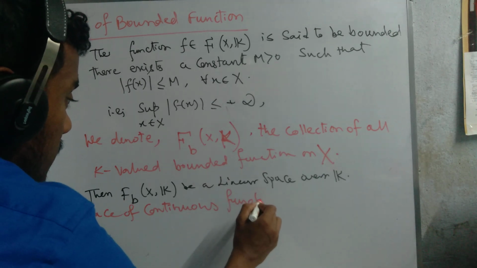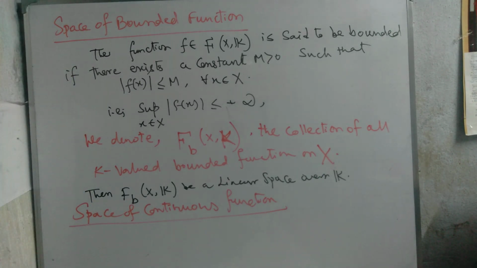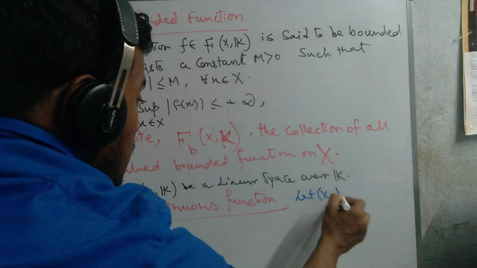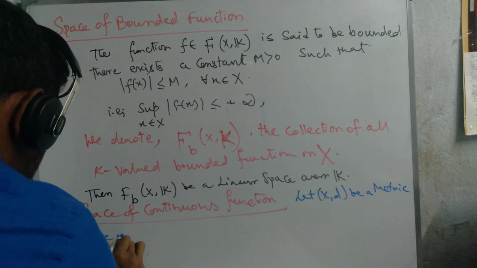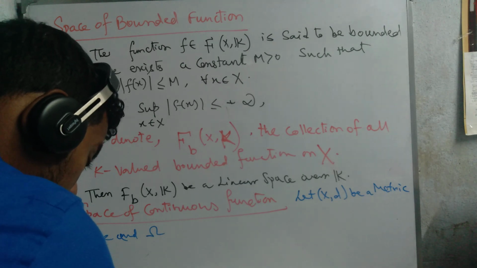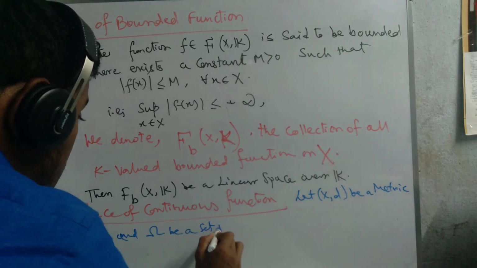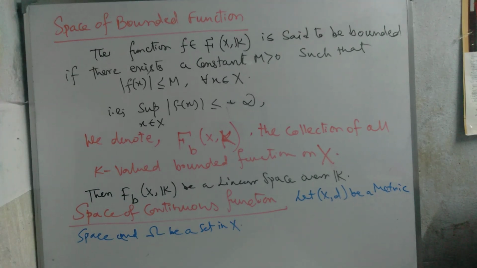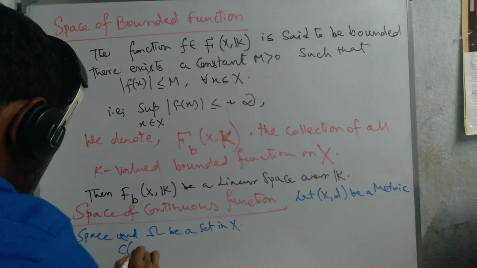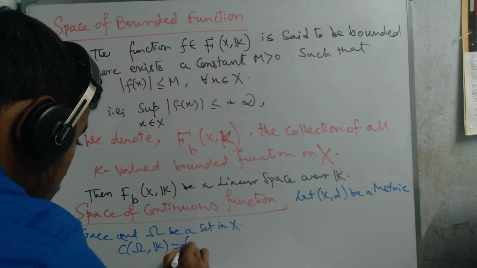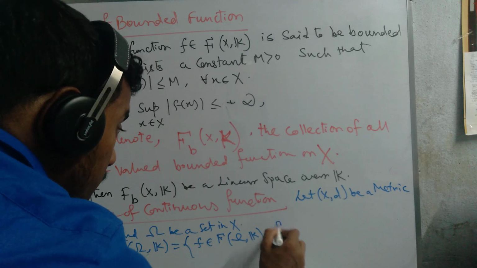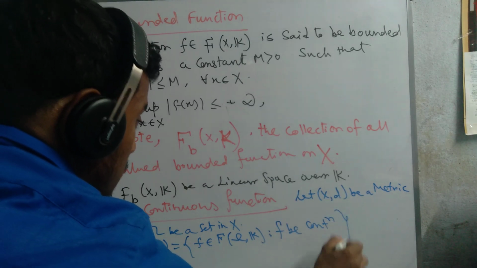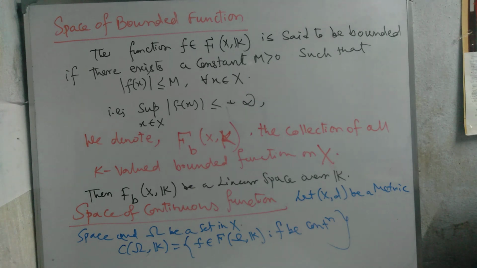After the bounded functions, the space of continuous functions. Simply, let (X,d) be a metric space and let omega be a set in X. Then C(omega,K) equal to those f belonging to F(omega,K) such that f is continuous.